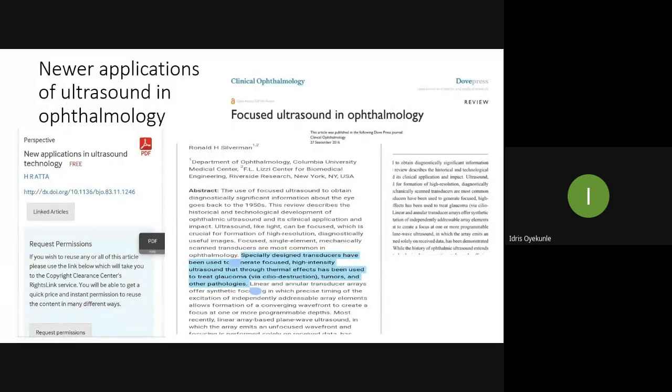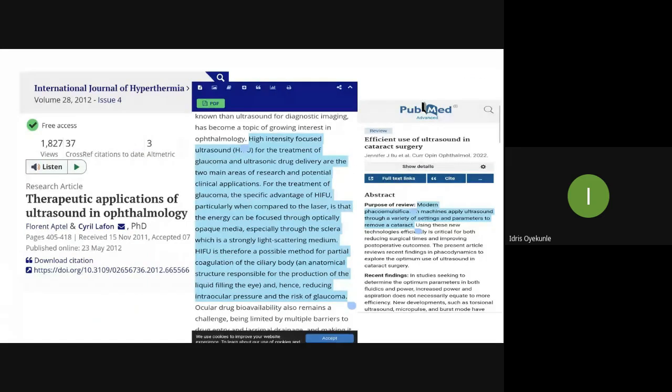So ultrasound is being used not just diagnostically, but also as a therapeutic means, used to treat glaucoma through ciliary destruction, just like the way we have diode transscleral cyclophotocoagulation, or even in the treatment of tumors and other pathologies. There's also something we know as high intensity focused ultrasound, like I mentioned.